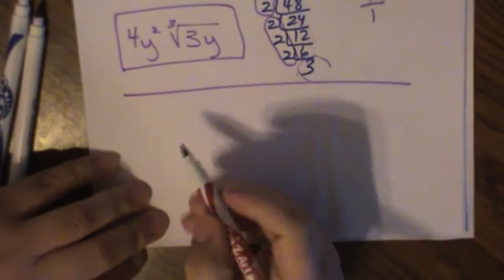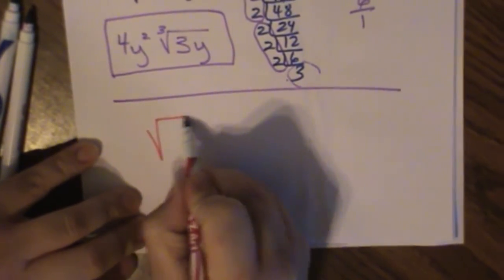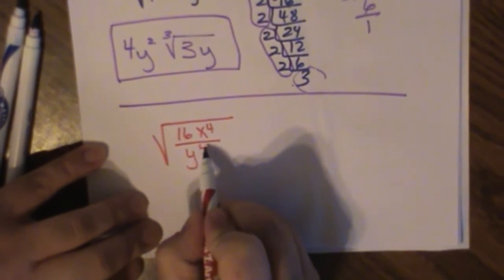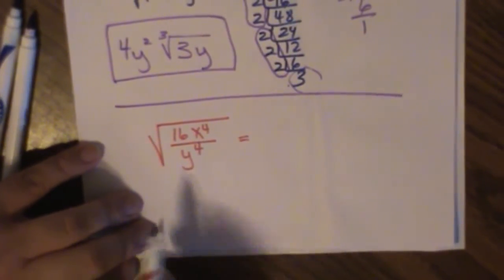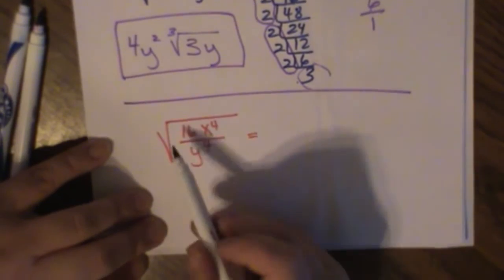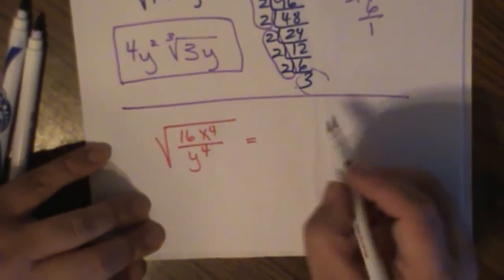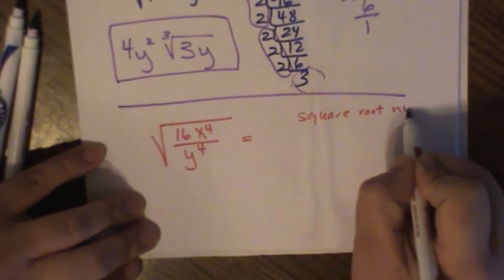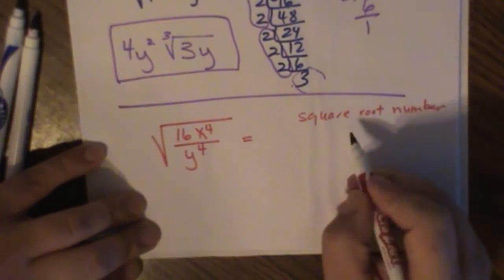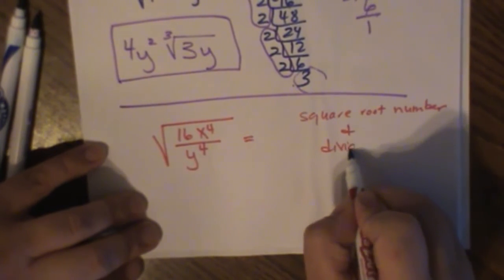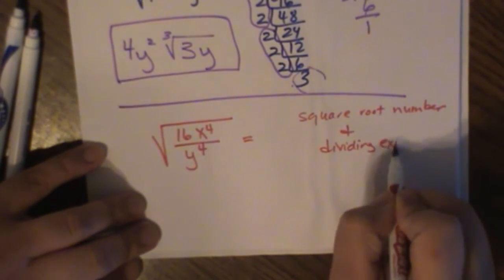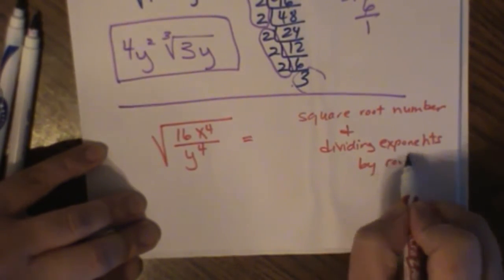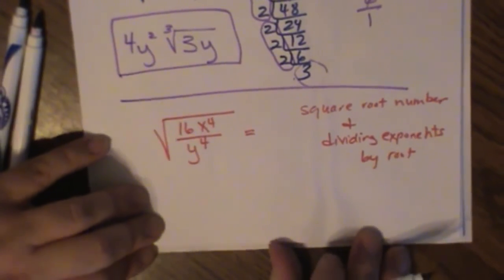Now, sometimes we have fractions inside roots. And when you have a fraction and it's a square root, all you really have to do is square root the number, and then divide the exponent by the root, just like we've been doing.